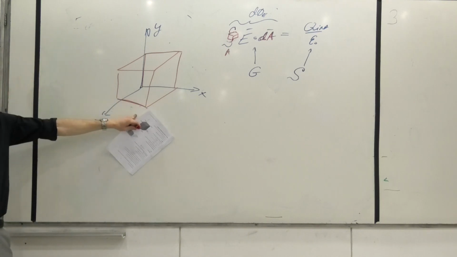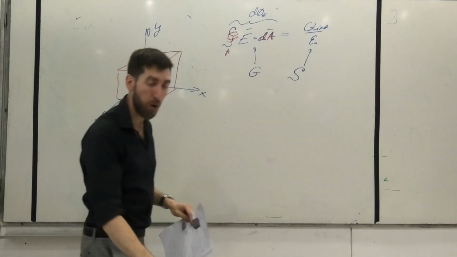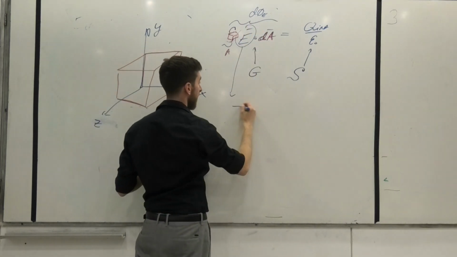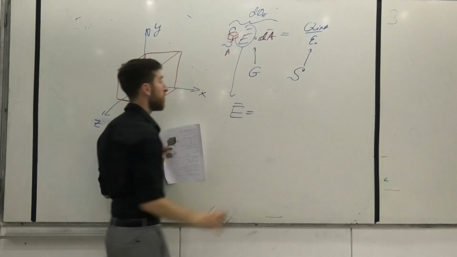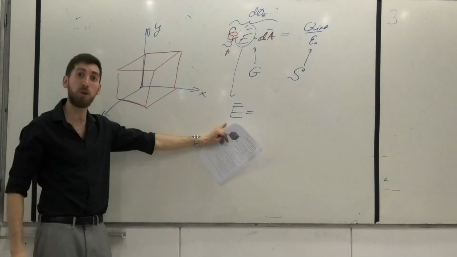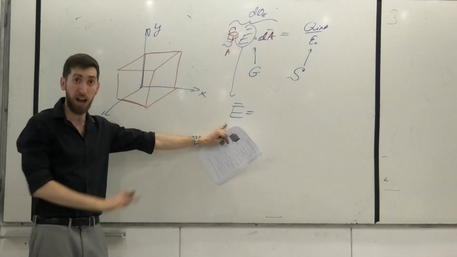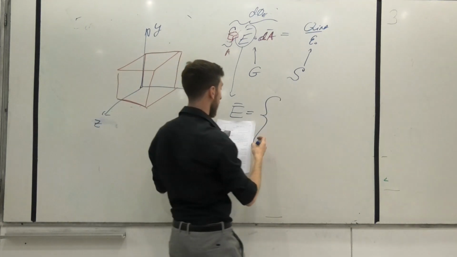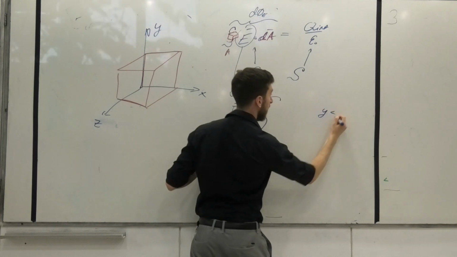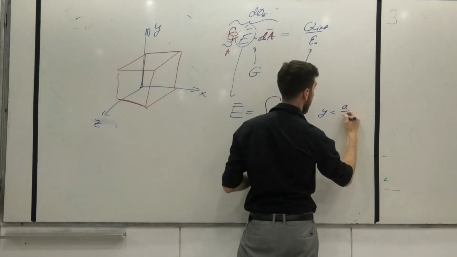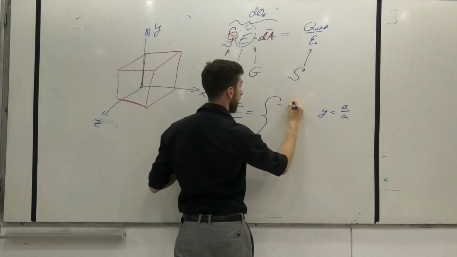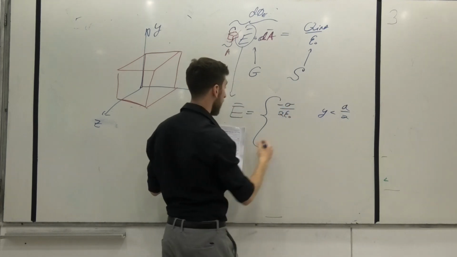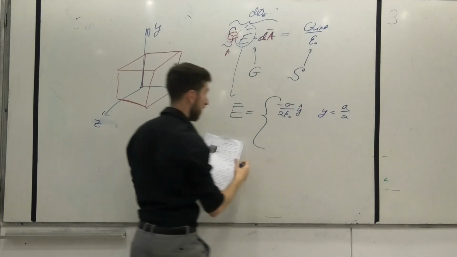Perfect. So now I also know what is given. It's given that the electric field in space, I don't know who created this electric field, I don't know, but I know that it's equal to this. When y is smaller than a over 2, my value is minus sigma divided by 2 epsilon naught in the y direction.